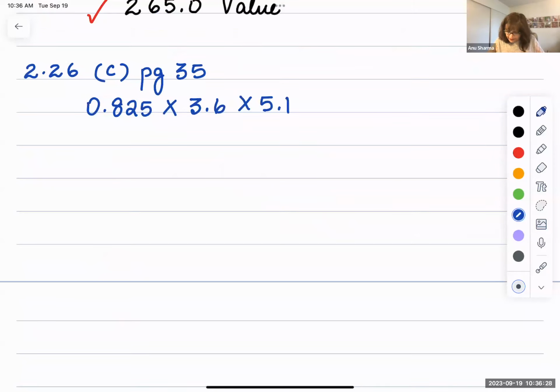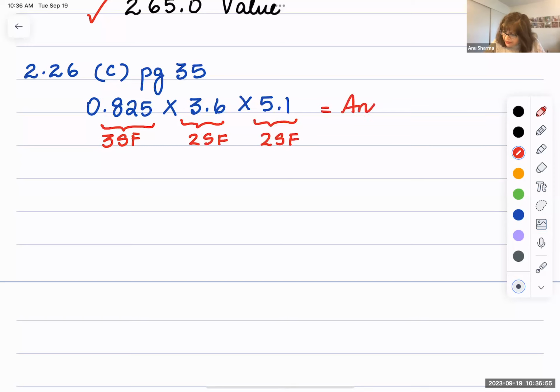In this case you are multiplying, so you look at the significant figures. The 0 in front is not counted, so this is 3 significant figures. This is 2 significant figures, and this is again 2 significant figures. So your final answer should have 2 significant figures.